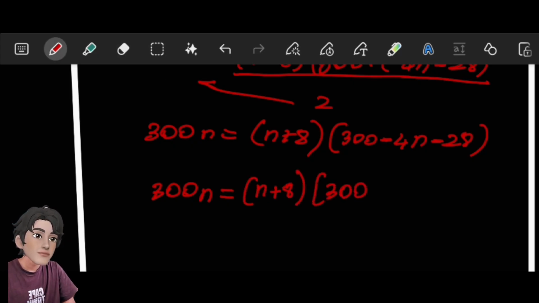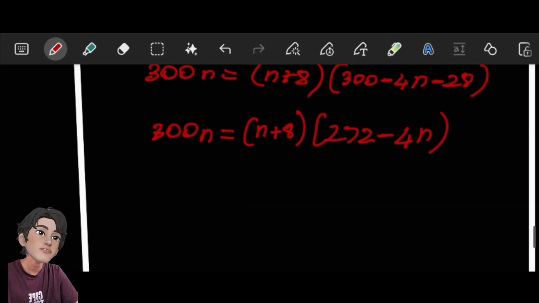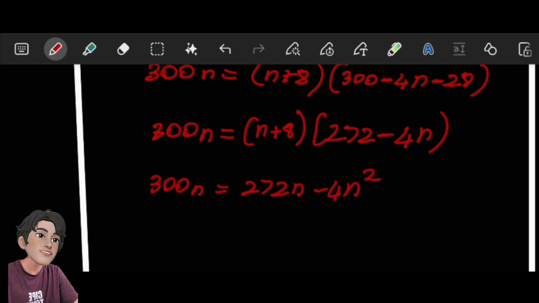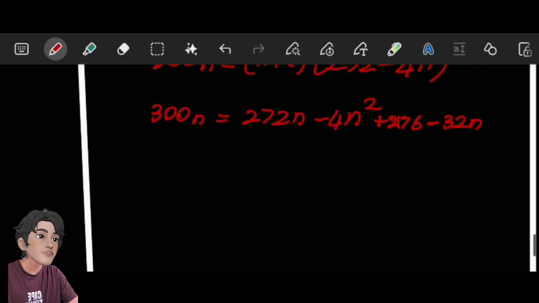Here we are getting 272 minus 4n and 300n is equal to 272n minus 4n square plus 2176 minus 32.